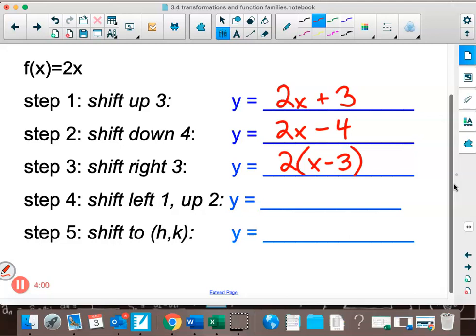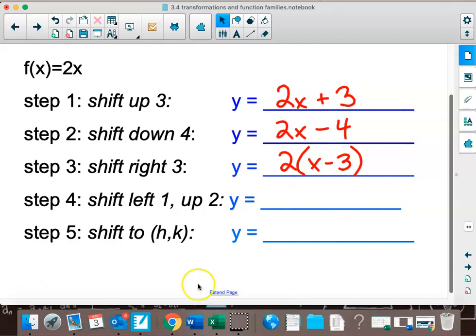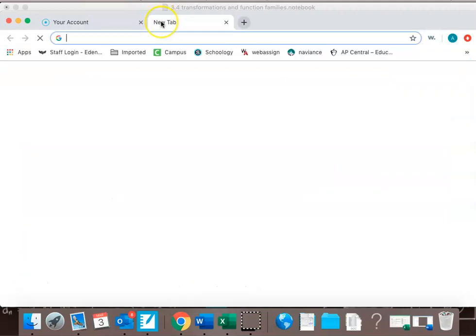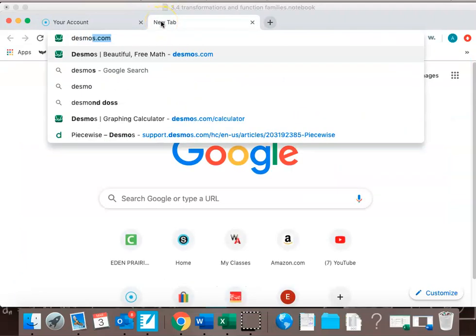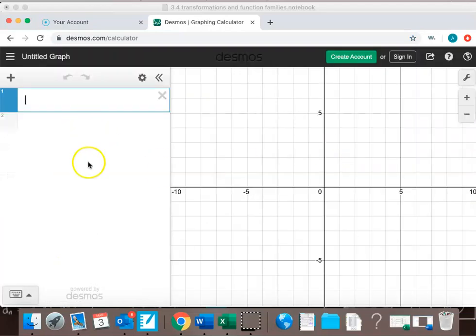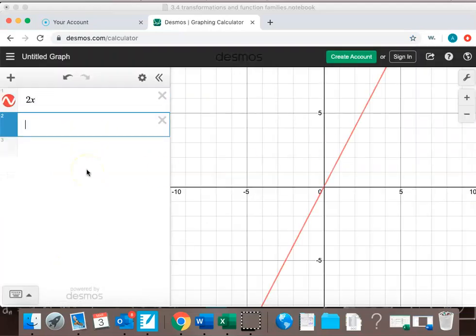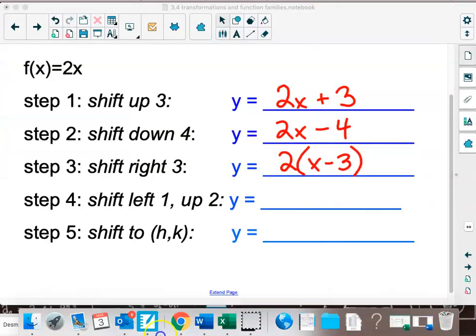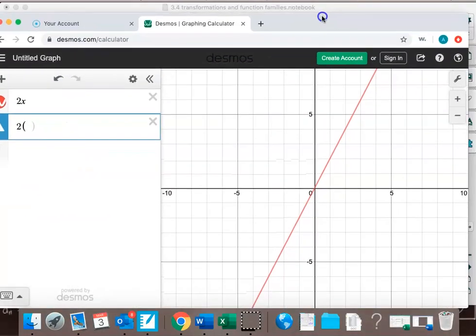If I had time, I'm going to take Desmos for just a second. You guys don't have to, let's all watch together. If we graph y equals 2x, and then I graph y equals 2 parenthesis x minus 3.